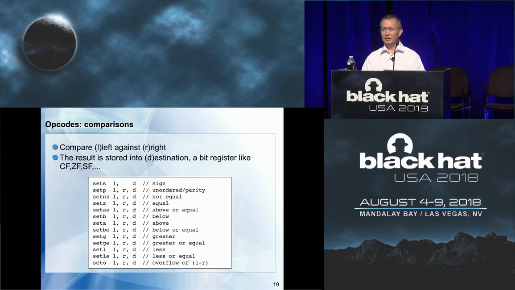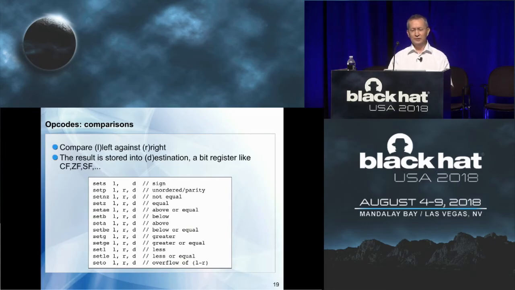We have a very natural and standard set of comparisons. They compare the left operand against the right operand and put the result in the form of 0 or 1 into the destination operand. So these instructions are used mainly to generate processor condition codes.